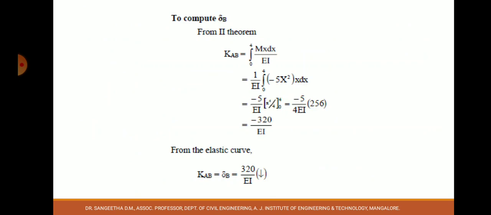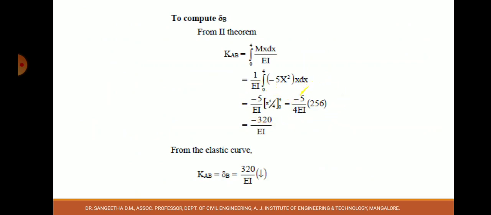To compute the deflection at B, theorem 2, that is integral of Mx by EI. M is minus 5x, and x varies from 0 to 4, into x distance. Minus 5x square, so solving that, minus 5x power 4 divided by 4, from 0 to 4.